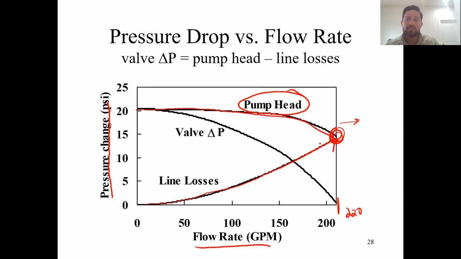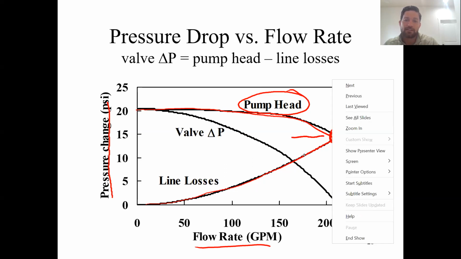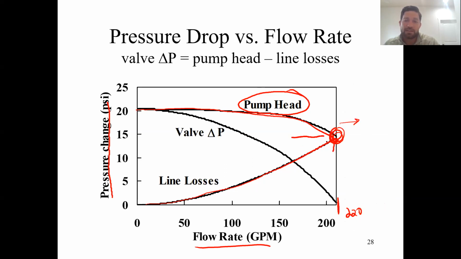If we're here now and we start to close the valve, what's going to happen? What happens when you close a valve, you know? The flow rate decreases, right? Yeah. So as we close the valve, we move backwards on this line losses, because as we close the valve, we are increasing the delta P loss through the valve, which is going to bring us back.